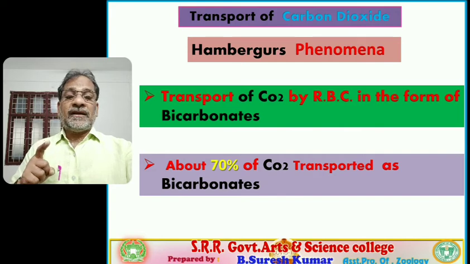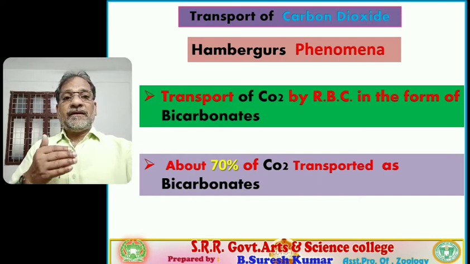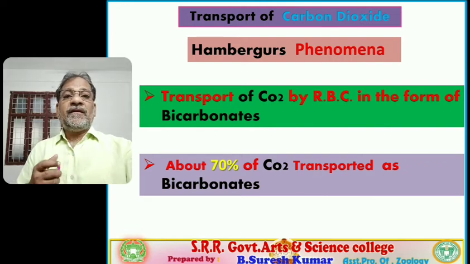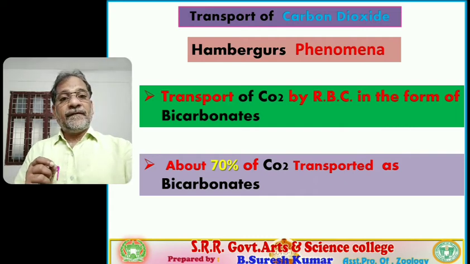Because the larger fraction of carbon dioxide is transported this way, 70%. Next is hemoglobin, and the least is plasma in the dissolved state.